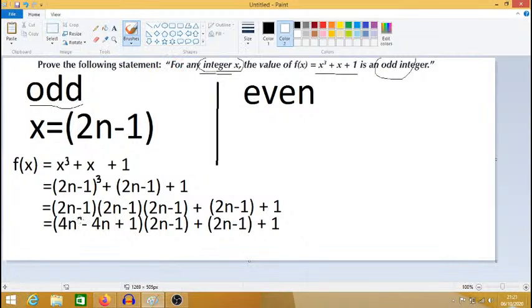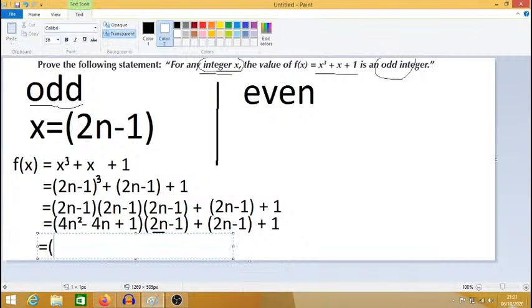So that's 4n squared. Okay, and then just focus on, say, the 2n. If you multiply everything by 2n, and then multiply everything by minus 1. Let's go with the 2n first.